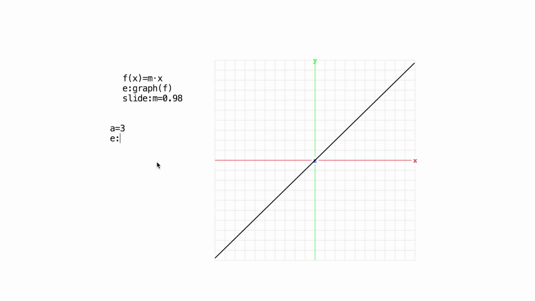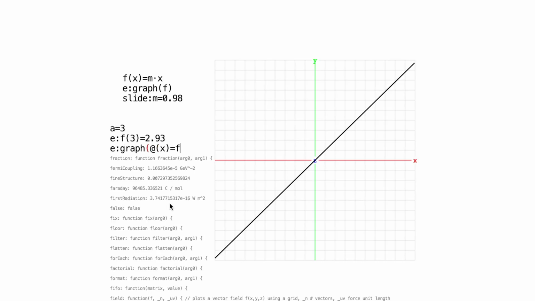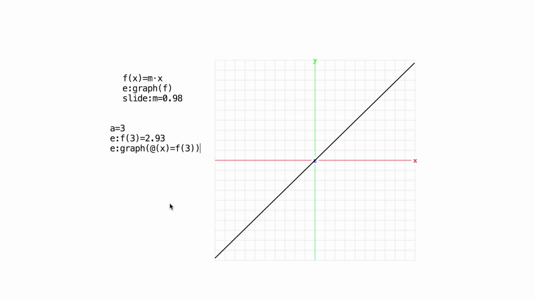And so we're going to see what our function gets close to, or is, at 3. And right now it's 2.93. So for this slope, that's our limit. So we'll just graph that, f of 3.